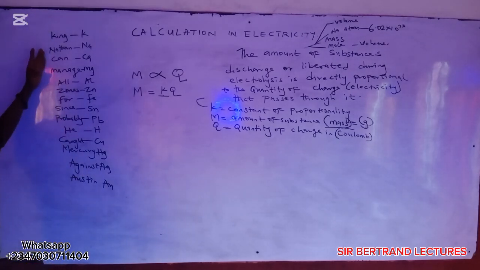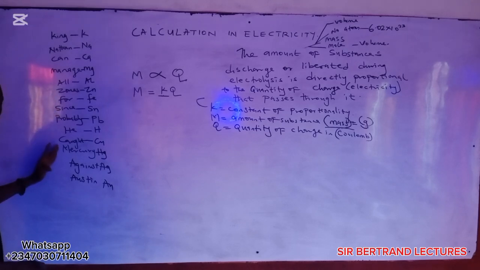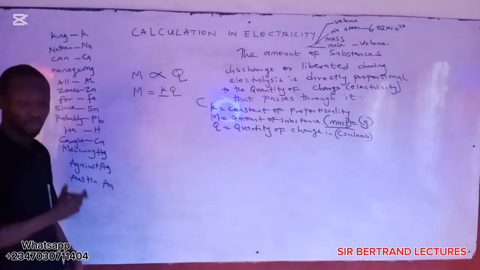King Nathan can manage all zone for since probably he caught Mercury against Austin. We have platinum here in some textbooks, but I don't want to include it here for now.